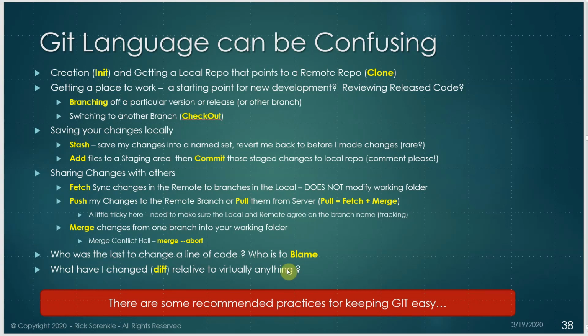Some other Git commands here that are pretty useful. Blame sounds bad. It's not a verb, so you're not blaming people for code changes. It's just a way of displaying a file that can show where it thinks the lines came from, like which commit.